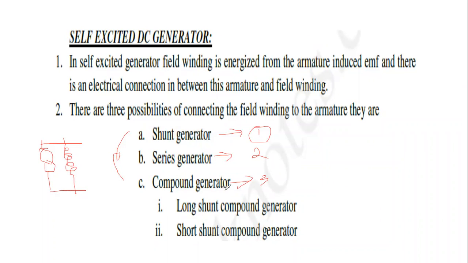The compound generator is again classified into long shunt and short shunt compound generator. These are the various classifications of a self-excited DC generator.